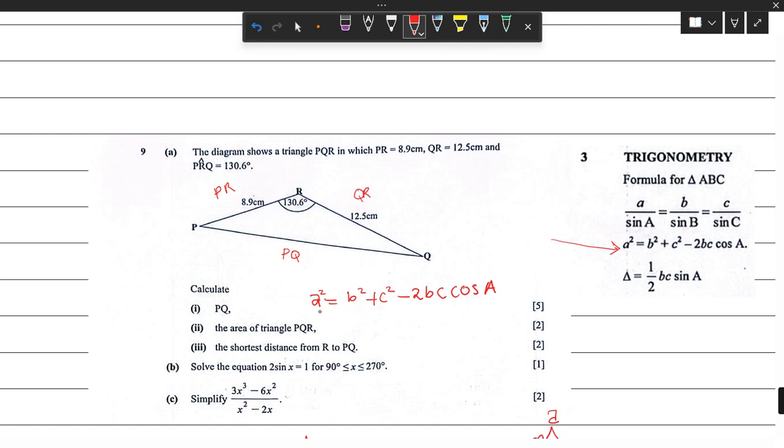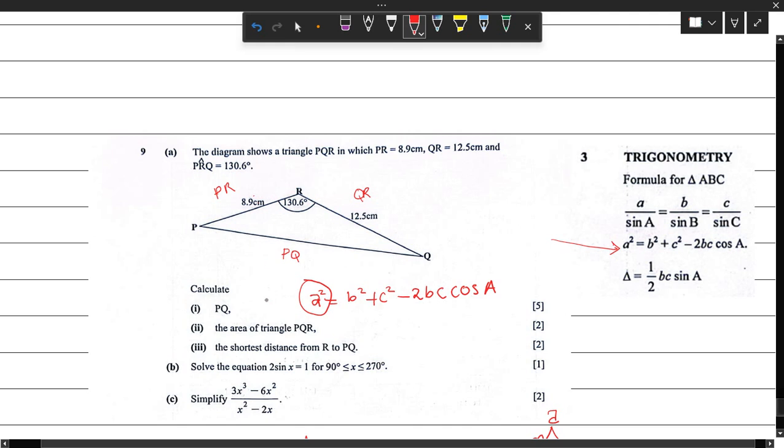So how do you identify which one is A, which one is B, which one is C, which one is cos A? The easy way to look at this is, A is the distance which you want to find. From our question, which one are we supposed to find? PQ.